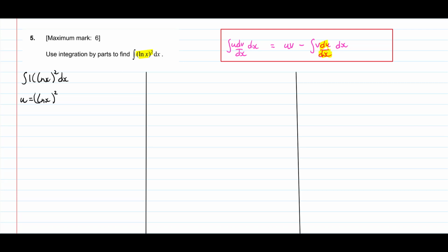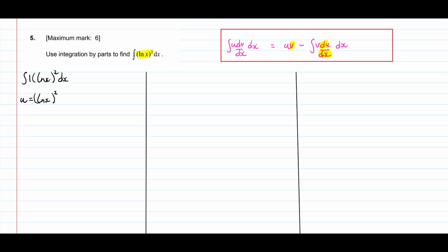And if we took (ln x) squared as dv by dx, then for this part in our formula where we have u times v, we'd have to integrate that function (ln x) squared, and that's just straight back to where we started. That is the problem we want to solve, so that doesn't help us. So now we've got u is equal to (ln x) squared.